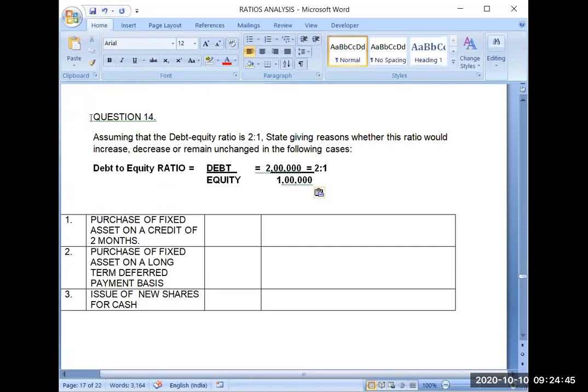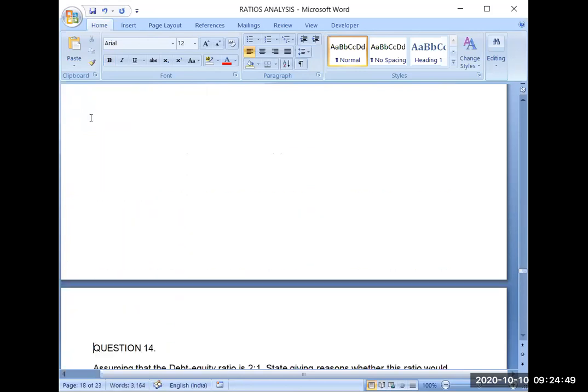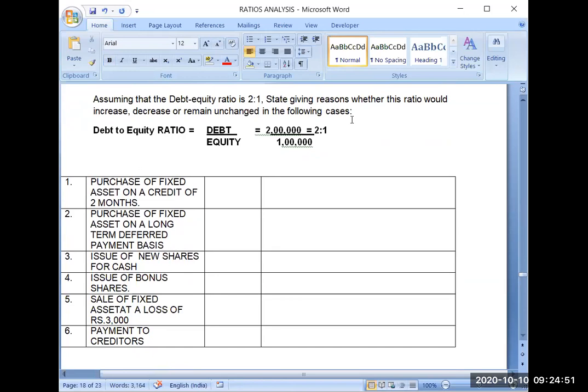In the question, debt equity ratio is given 2:1, and you can see that we have also assumed the value debt equal to 2 lakh and equity is equal to 1 lakh, and the ratio is coming 2:1. Now we can take help of values sometimes also if we need to assume some value for deciding the effect. Now see, purchase of fixed asset on a credit of 2 months.